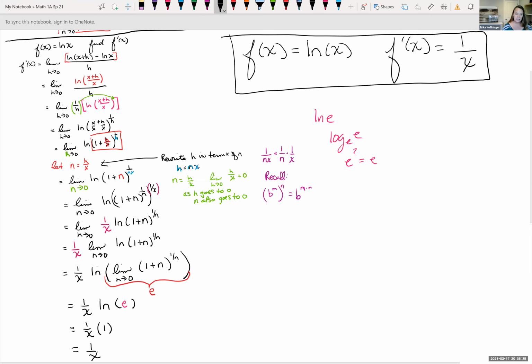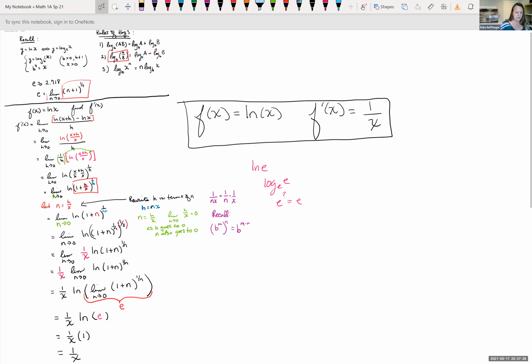We'll derive it if the base of our log is other than e in a second. I just want to put one stipulation on our rule. Remember, we can't take logs of negative numbers, so we're assuming here that x is greater than 0.